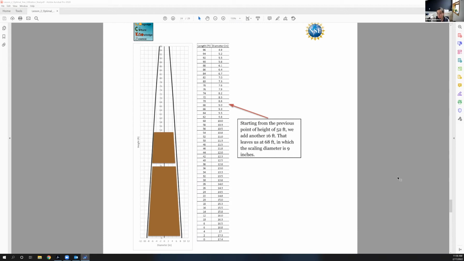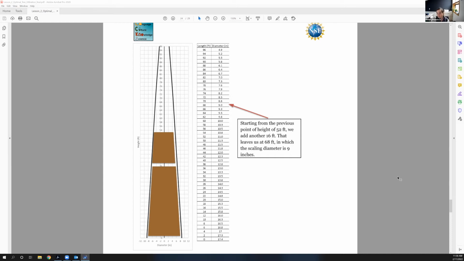And that leaves us at 68 feet on the length or the height of the tree. And according to the table, our small end diameter at that point is 9 inches. So our scaling diameter for the second small log would be 9 inches. And we will use that to determine volume of the log later on.